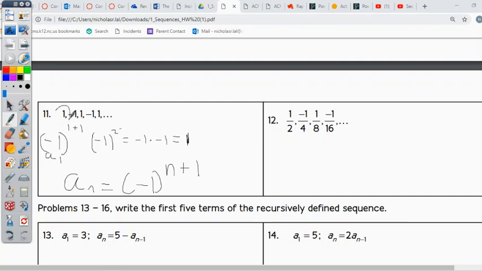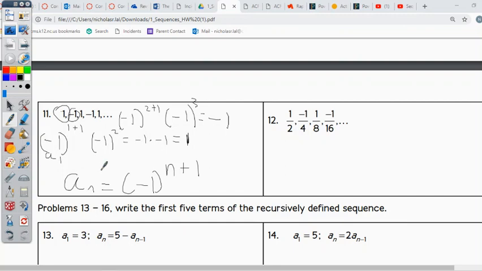That's why our first term is positive 1. But our second term would be negative 1 to the 2 plus 1 power, which is negative 1 cubed, which is negative 1 times negative 1 is 1 times negative 1 is negative 1, which means our value is going to be just negative 1. So that's why our first term is 1, our second term is negative 1.